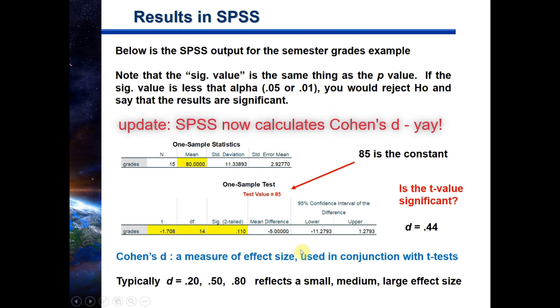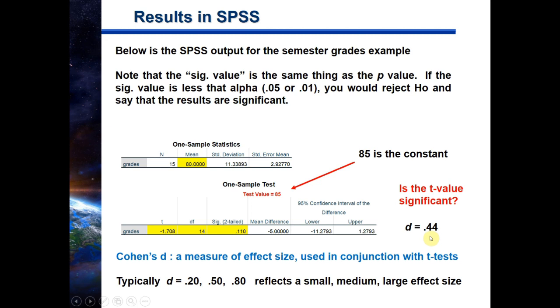So if you're Googling an online app to calculate Cohen's d for you, make sure that you include in your search Cohen's d for a single sample t-test or Cohen's d for a one sample t-test. Otherwise, you're going to have a chance of calculating it incorrectly.